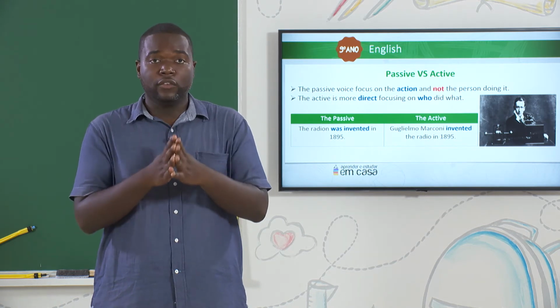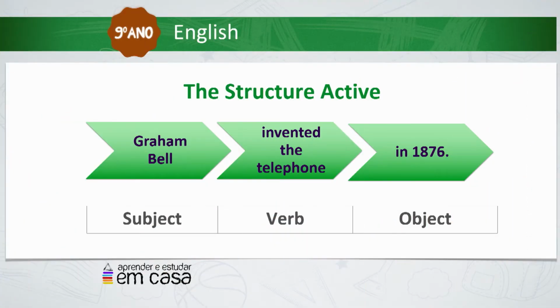All right? Let's continue. Now we're going to talk about the structure of the active voice. Let's take a look at this sentence. Graham Bell invented the telephone in 1876. Now, Graham Bell is the subject. Invented is the verb. The telephone and in 1876 complete the sentence as the object and extra information. So this is the basic structure of the active voice.